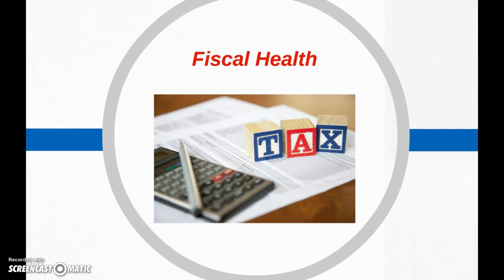So another goal would be fiscal health. This one's a little bit more ambiguous. It's really just this idea that there's a relationship between how you use land and land values, the money aspect of it, the economic aspect of it. So fiscal health means there's a relationship between how you use land and the wealth of the community, really.